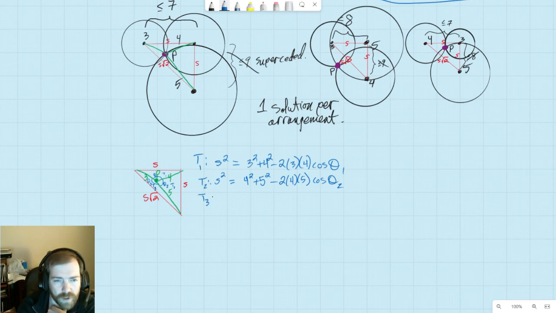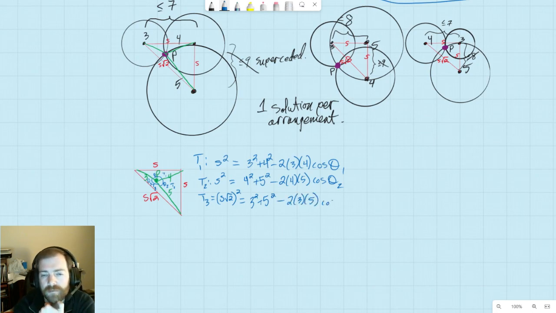And T3 is going to have (s root 2) squared equal to 3 squared plus 5 squared minus 2 times 3 times 5 cosine theta 3.